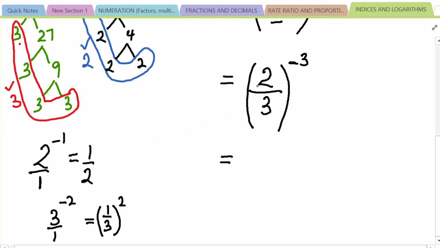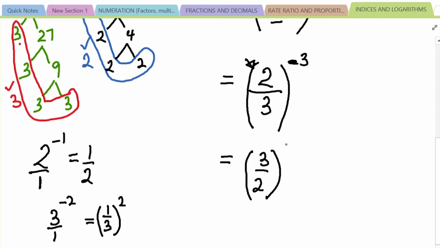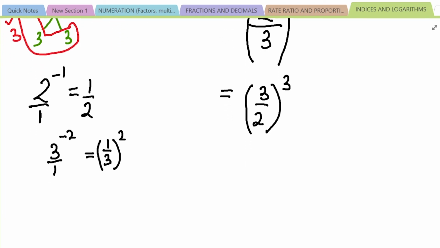So meaning here 2 over 3, if we want to eliminate that negative to the power negative 3, we simply have to do the reciprocal of whatever is there. So this is going to be 3 over 2, to the power 3. This is coming from your laws of indices that were introduced to you in class, but I have a full video on that that explains all those things in detail.